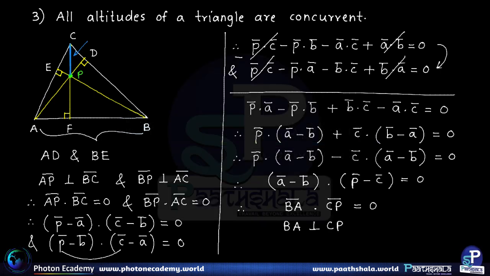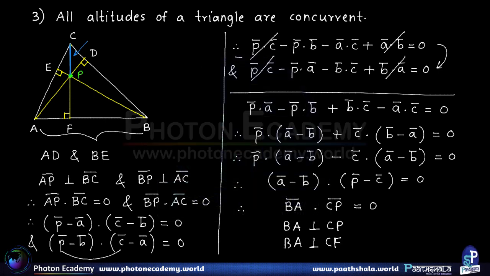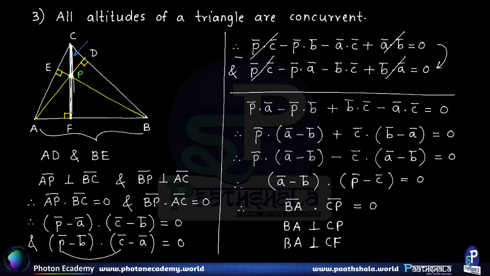And if BA is perpendicular to CP, then BA must also be perpendicular to CF, because CP and CF are on the same line. So what we have shown is that through the point of intersection of the two altitudes, if we join the third vertex, that also gives us the third altitude of the triangle. That means the third altitude also passes through the same point of intersection of the first two altitudes.